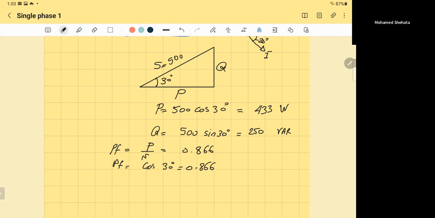The answer is not complete. Power factor has two parts, value and the direction. The value is 0.866, but you got to mention, is it a power factor lagging or leading? Leading? Why?